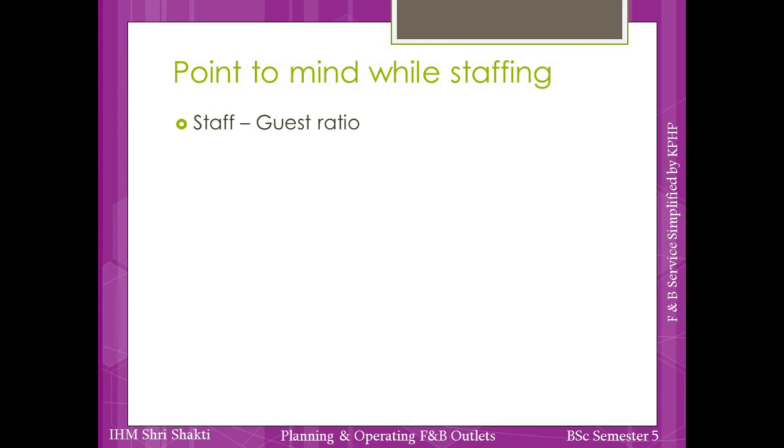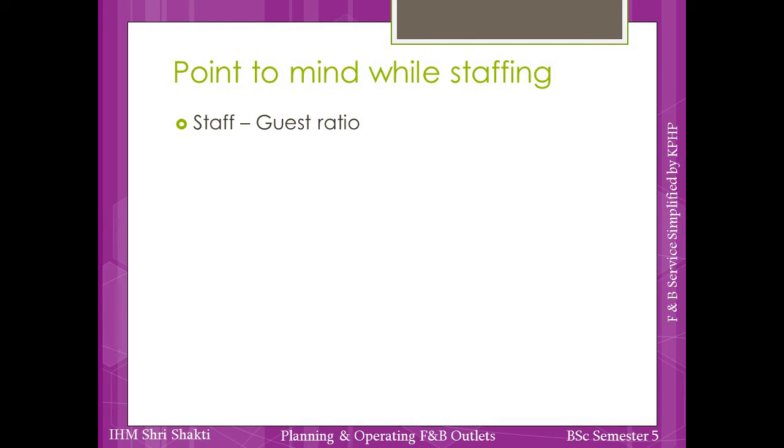First thing is the staff guest ratio, which is the most important aspect when you are recruiting staff. What is the staff guest ratio? It is for how many covers, how many staff would be required. The ratio of guest and staff in your outlet needs to be calculated and come to a conclusion before you start recruiting.